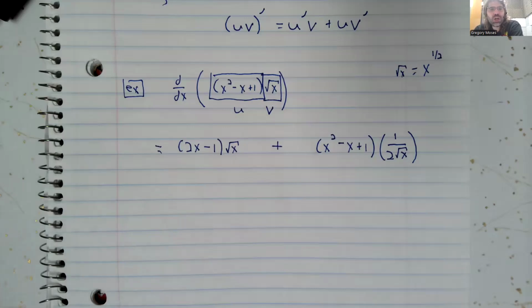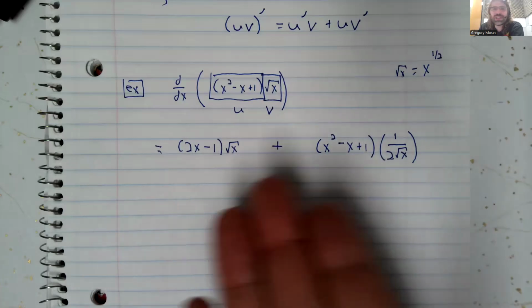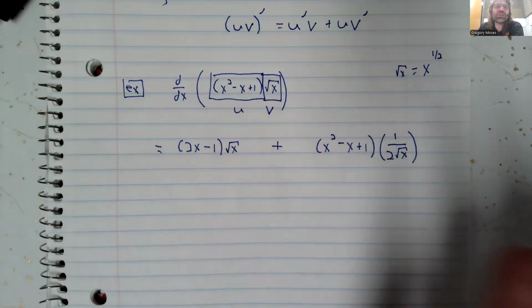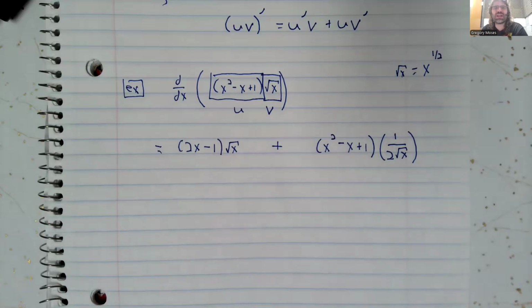And there's not a whole lot of simplification to be done here that I can see. I guess we could FOIL and get fractional powers. The reality is that the product rule generally just gives you messy looking functions.